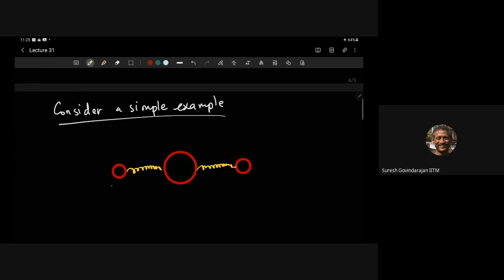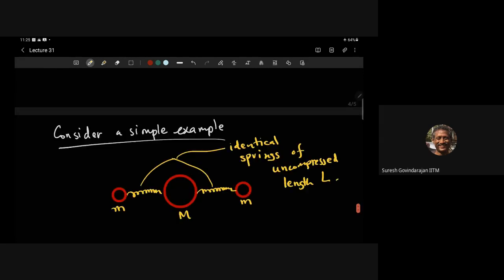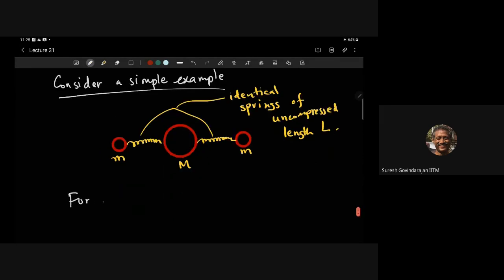What we have is three masses connected by two identical springs of uncompressed length L. Further, motion is one-dimensional.